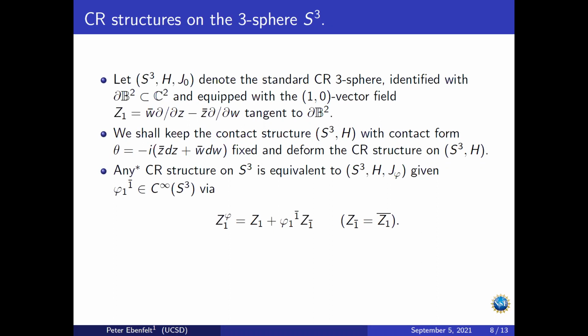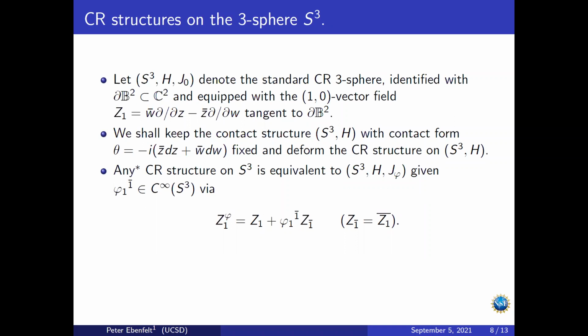And the way we should think about it is you can describe it by a so-called deformation tensor. So that's this phi here. The 1 and 1 refers to the fact that it's a tensor, but you can forget about that because we're going to fix the frame and the contact form. So you just think of it as a C infinity function on the sphere. And then you look at the 1,0 vector field here, which is the deformed 1,0 vector field.